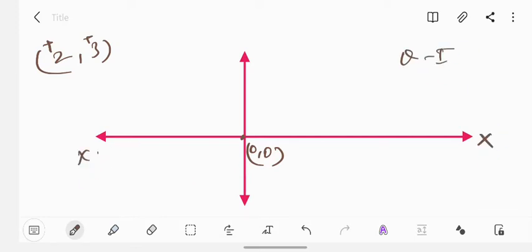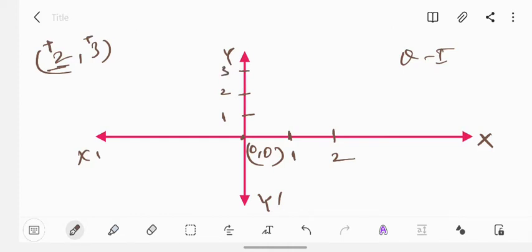Mark it as x and x dash, y and y dash. Now x is 2. With equal distance markings, we take 1, and then with equal distance we take 2, and on the y-axis 1, 2 and 3.